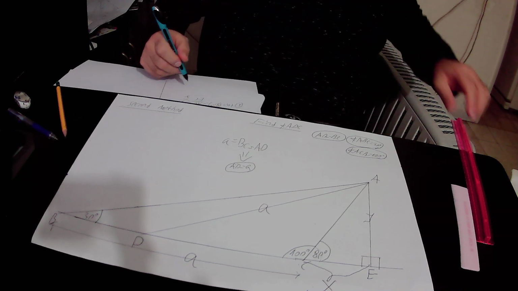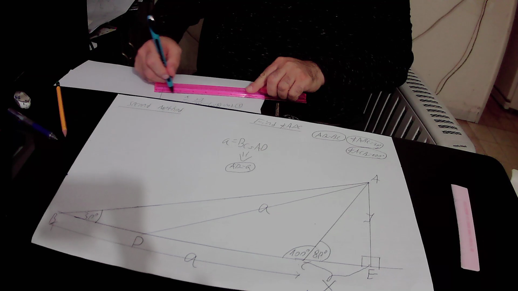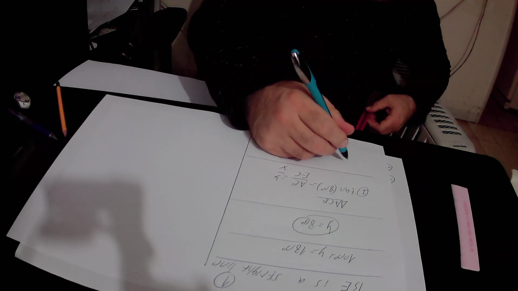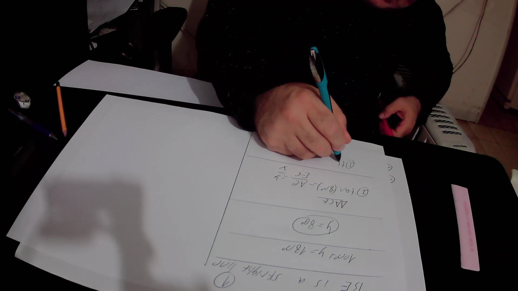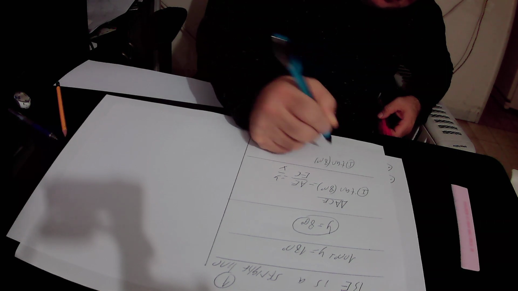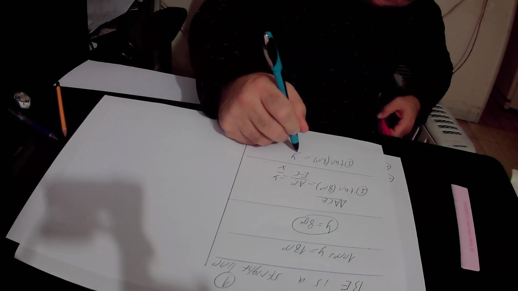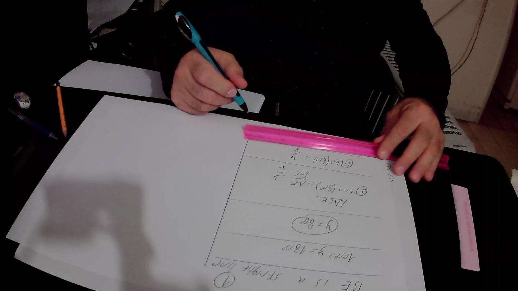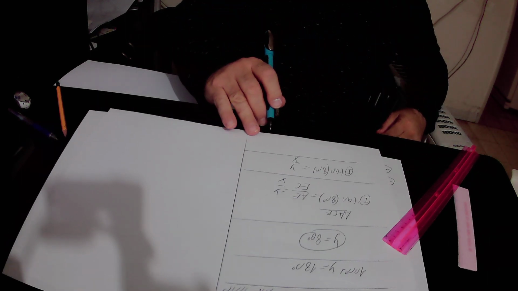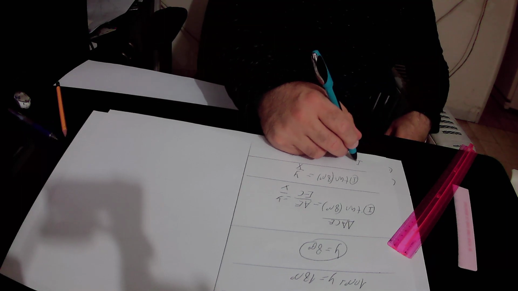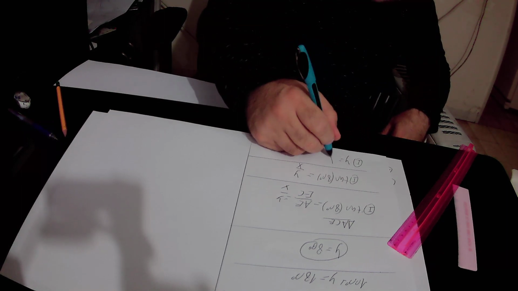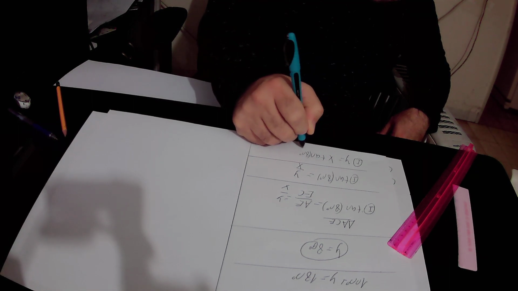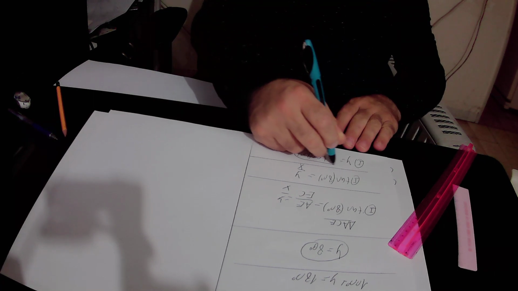So we found that, according to equation number 1, tangent 80 degrees equals Y over X. Here we will multiply this equation, equation number 1, by X, and we will get that Y equals X times tangent 80 degrees.